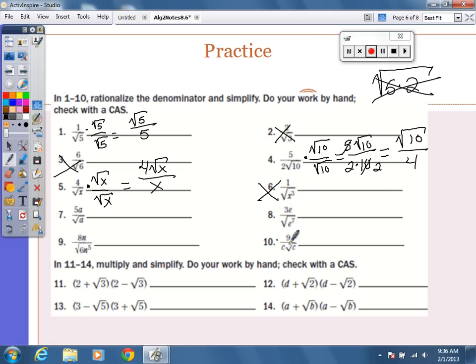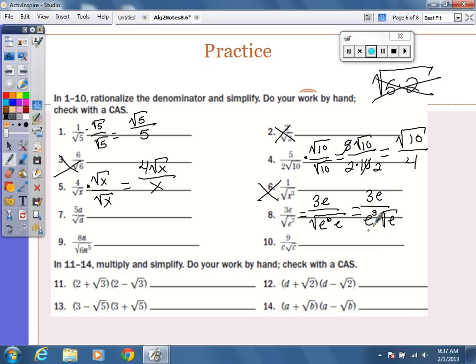You can simplify this radical, so we could do that first if you'd like. 3e over, I'm going to change this to an even exponent because it's a square root, so e to the 6. The square root of e to the 6 is e to the 3rd. And I'm still left with square root of e down below.